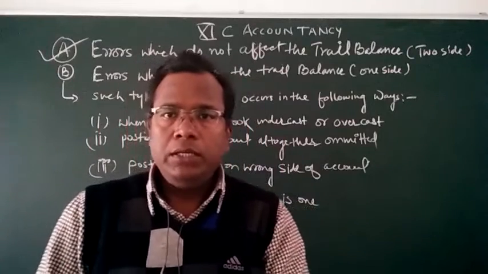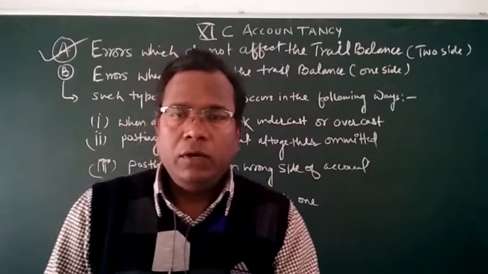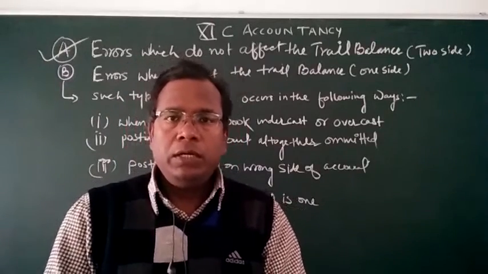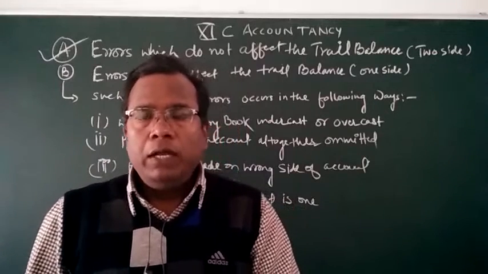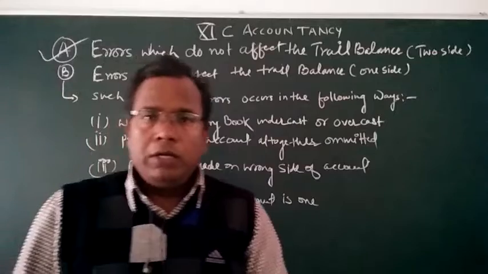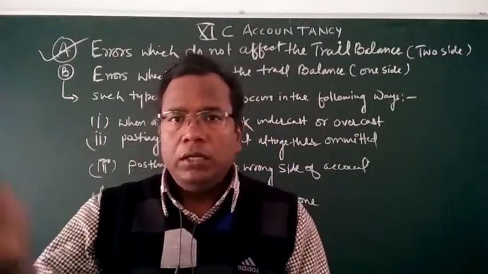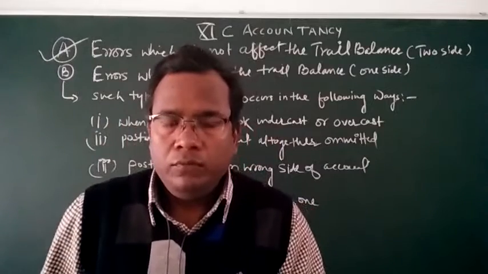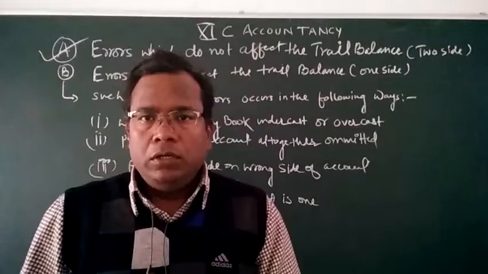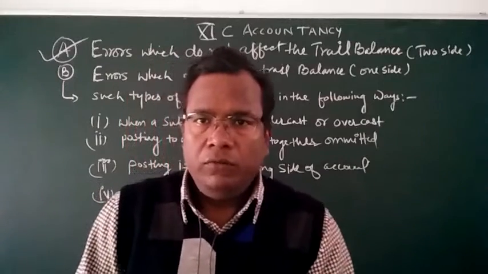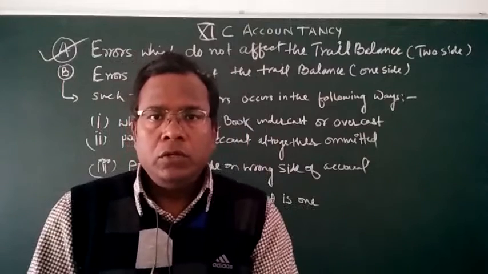Or in a subsidiary book you have posted the right amount at the right position, but while transferring or posting that amount to another ledger, you have omitted the transaction, forgotten it, or not recorded it.